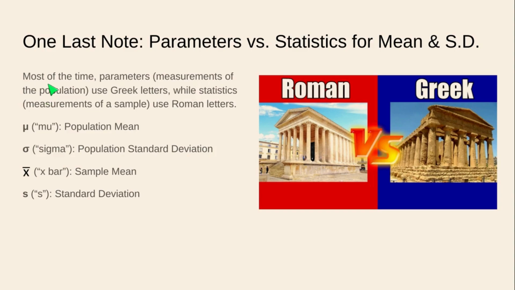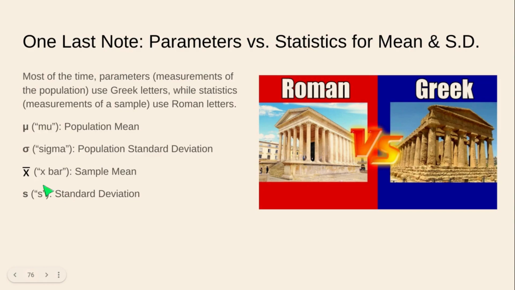So most of the time, not all the time, parameters, measures of the population, use Greek letters, while statistics, those are measurements of the sample, use Roman letters. For example, if I'm talking about the sample mean and sample standard deviation, I would use X bar for the sample mean and S for the sample standard deviation.